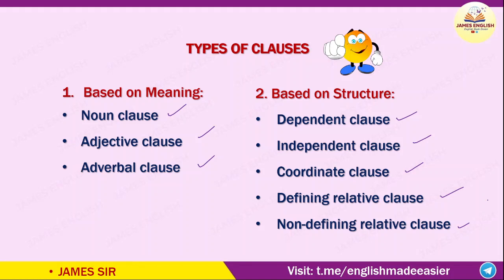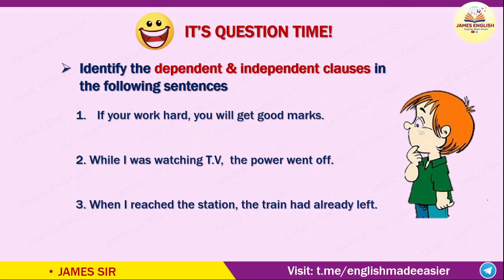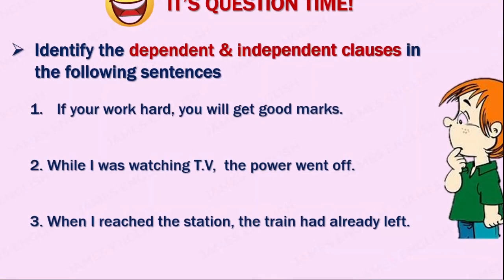Then before we move on to the next topic, that is what is a sentence, let us try to have a small exam on what is clause and find out the difference between dependent and independent clauses. It's question time. Identify the dependent and independent clauses in the following sentences.